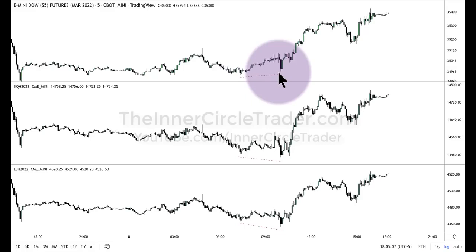Correlation would be they are moving lower here, and here. But that correlation where they move in tandem together cracks here at a very important time, right when the NASDAQ and the S&P are trading below its old low.